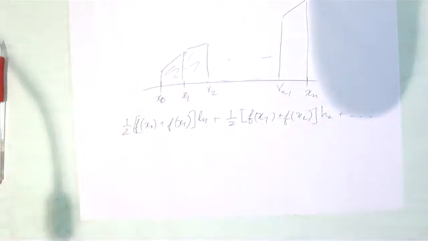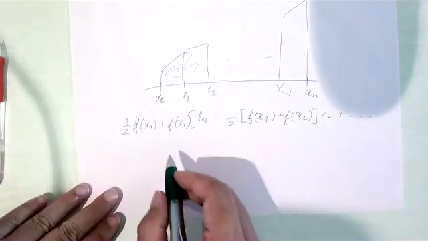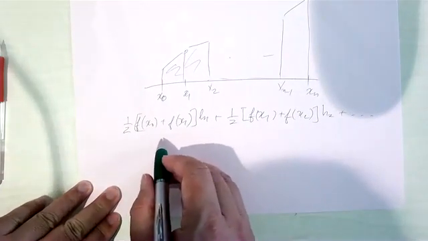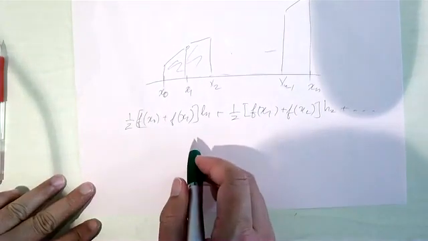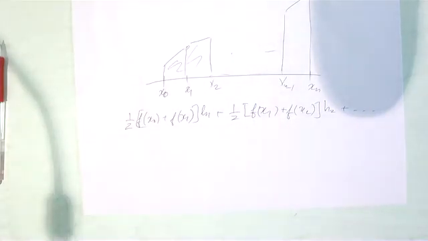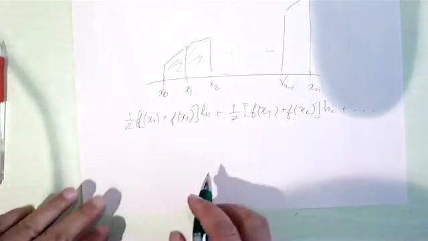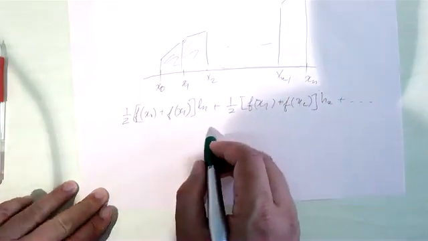You can write this as a sum of (f(xj-1) plus f(xj)) over 2, like in the slide. But you can simplify this a bit when all the hj are the same.